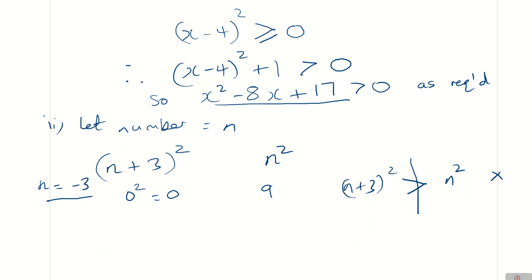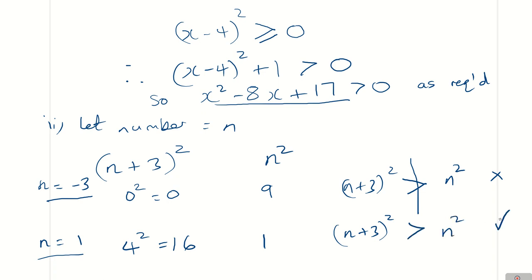So let's just try n equals 1. Okay, and if n equals 1, we're going to have 1 plus 3, which is 4. 4 squared equals 16, and 1 squared, of course, is 1. So in that case, n plus 3 squared is in fact greater than n squared.